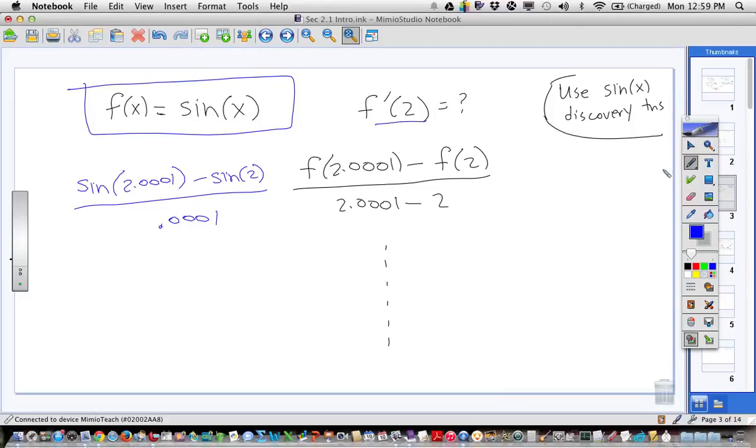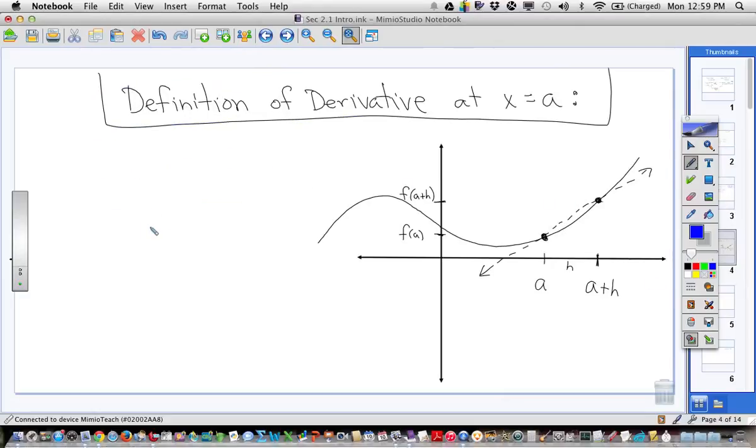So we move on to the next thing, and here's what we're going to come up with today: the definition of the derivative at x equals a. This is probably one of the two most important formulas we will have all year long.